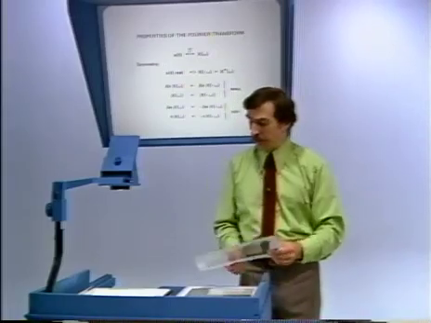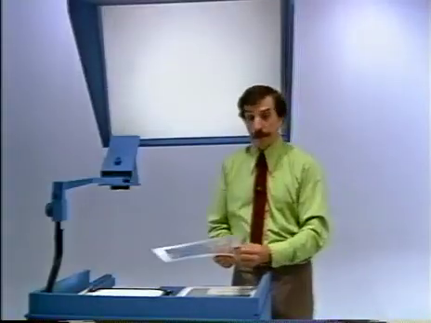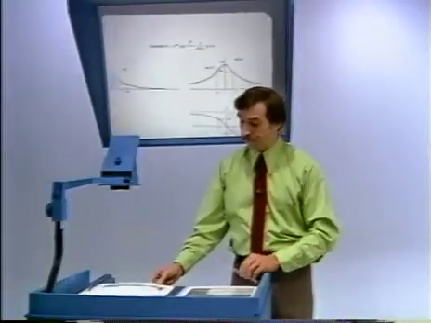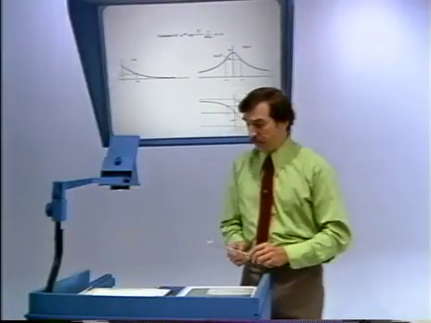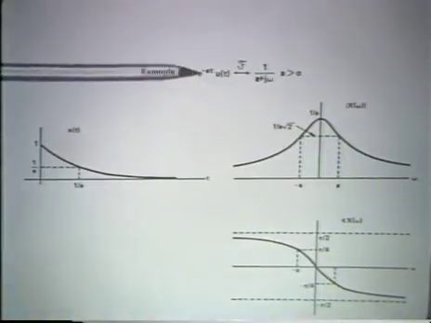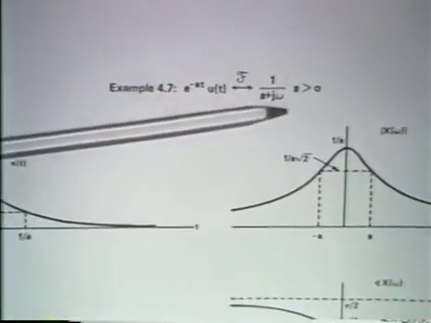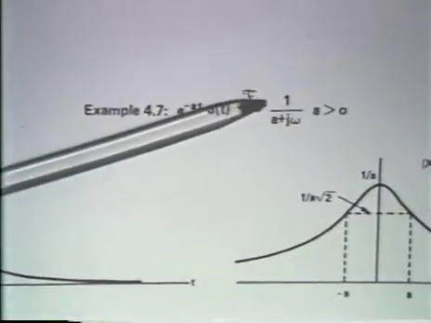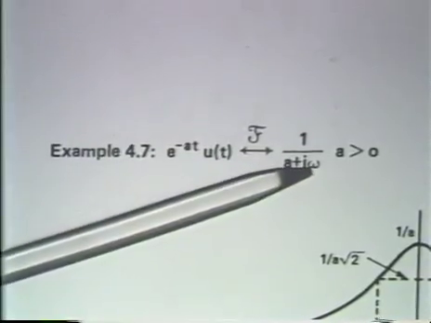Let's look at an example in the context of an example that we worked last time for the Fourier transform. We took the case of a real exponential of the form e to the minus at times a step, and the Fourier transform, as we found, was of the algebraic form 1 over a plus j omega.